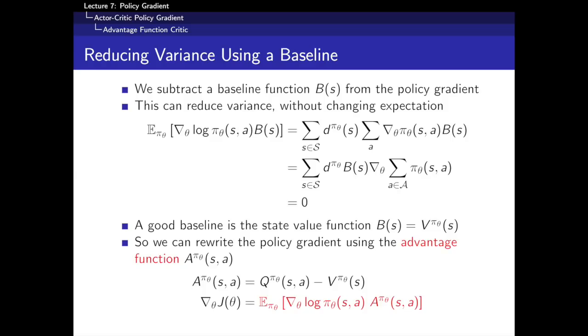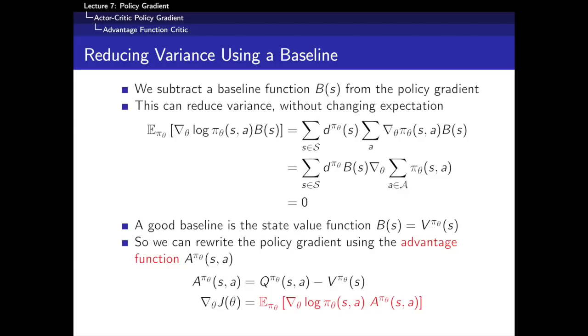This tells us how much better than usual it is to take action A. We look at the q value of action A, which tells us how good it is to go left if I'm in a particular state, compared to how good it is to be in that state in general. That tells us how much more reward than usual I will get if I take a particular action. And so intuitively, that's just the right quantity to use in our update.